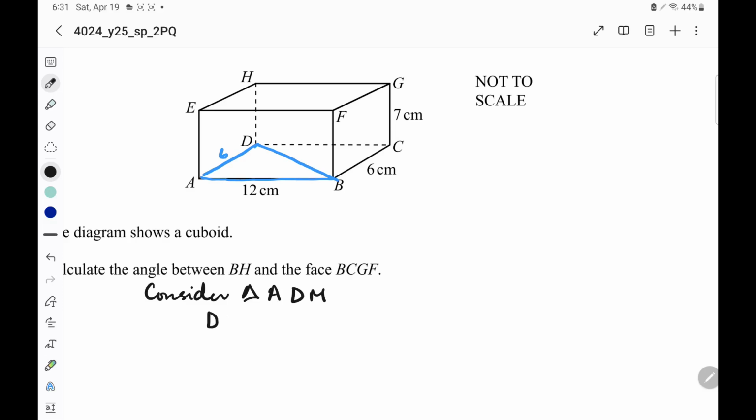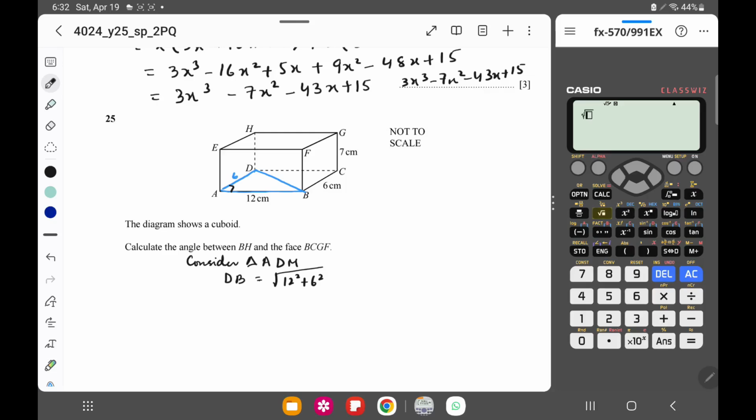DB is equal to the square root of 12 squared plus 6 squared.